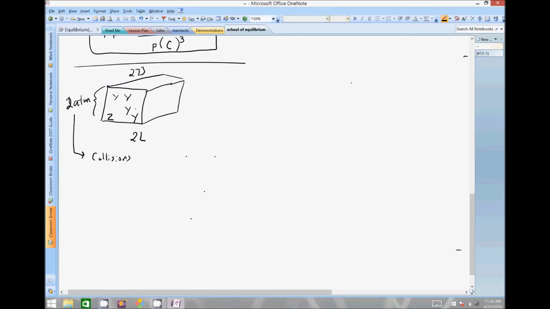So every time something bounces off the wall, we get a collision, and that will eventually give us our total pressure. Okay, so inside this thing we have lots of collisions, but for Z, 1/5 of the particles are Z, and for Y, 4/5 of the particles are in fact Y.